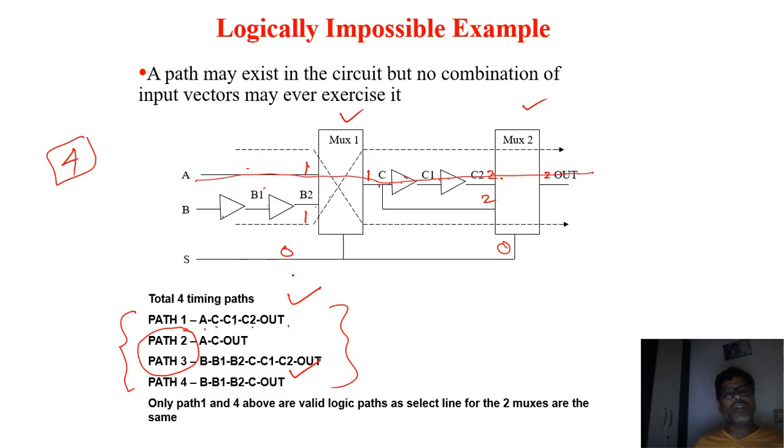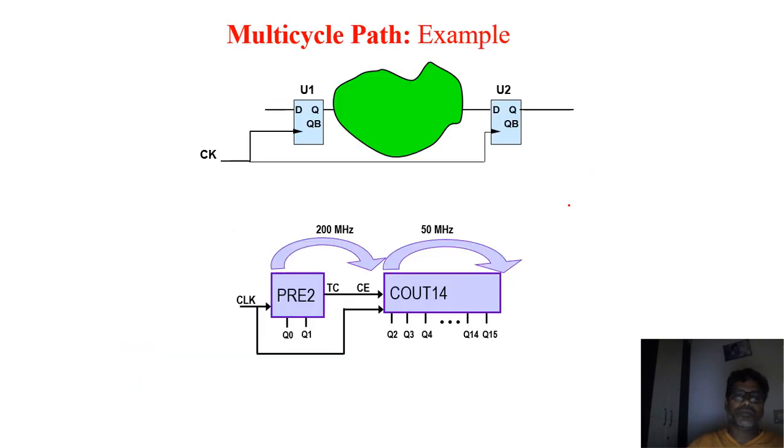In case you make your select line 1, the path could be only this. So though there are 4 physically connected paths, based upon the circuit constraint, a few paths cannot be accessed. They are called false paths. Clear? That's what we call a false path.